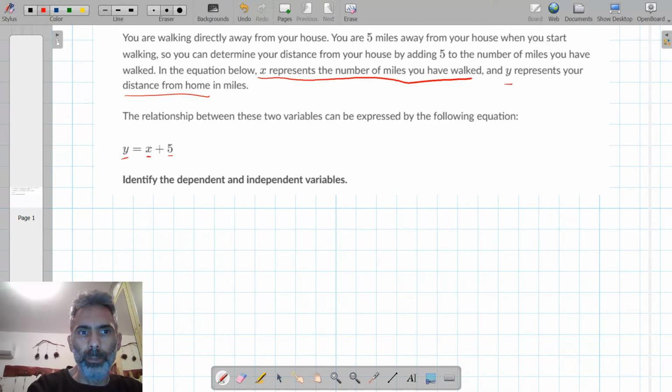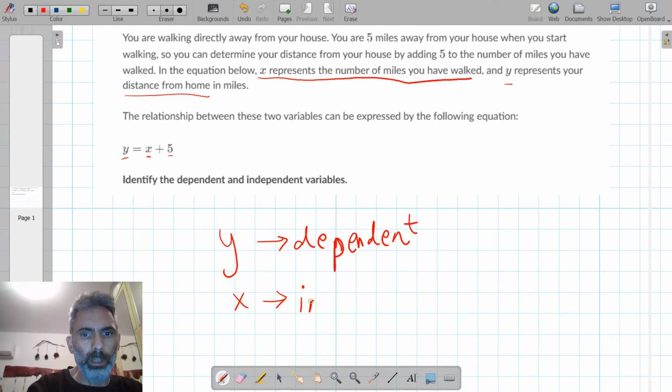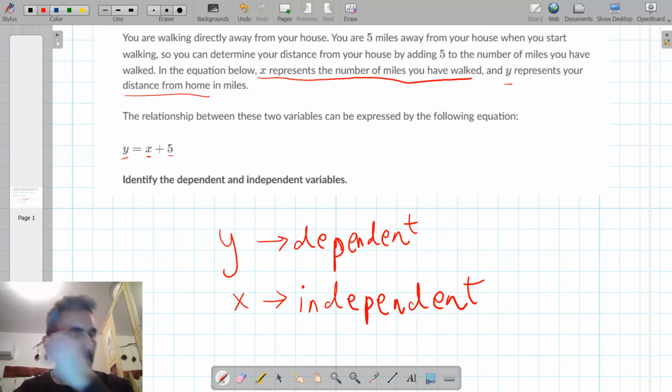Okay, so y is dependent and x is independent because y is dependent upon the total number of miles you have walked.